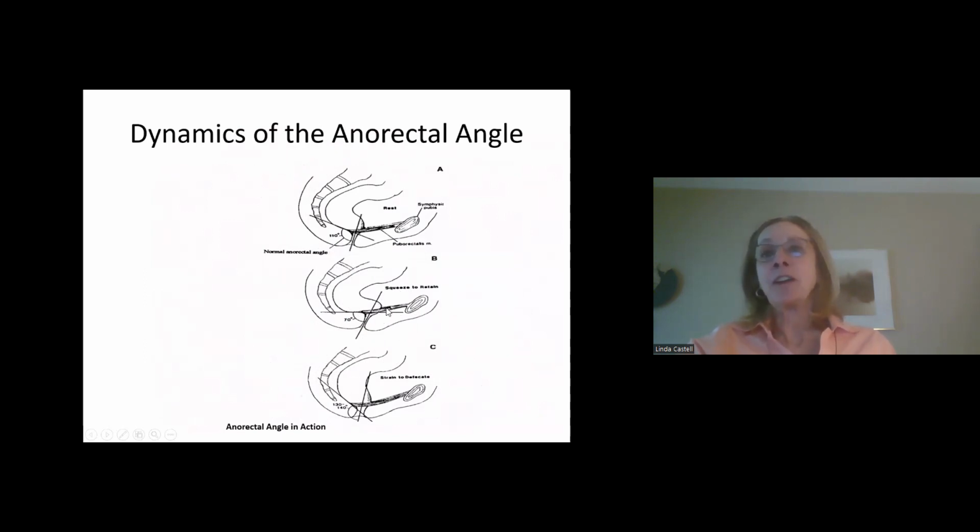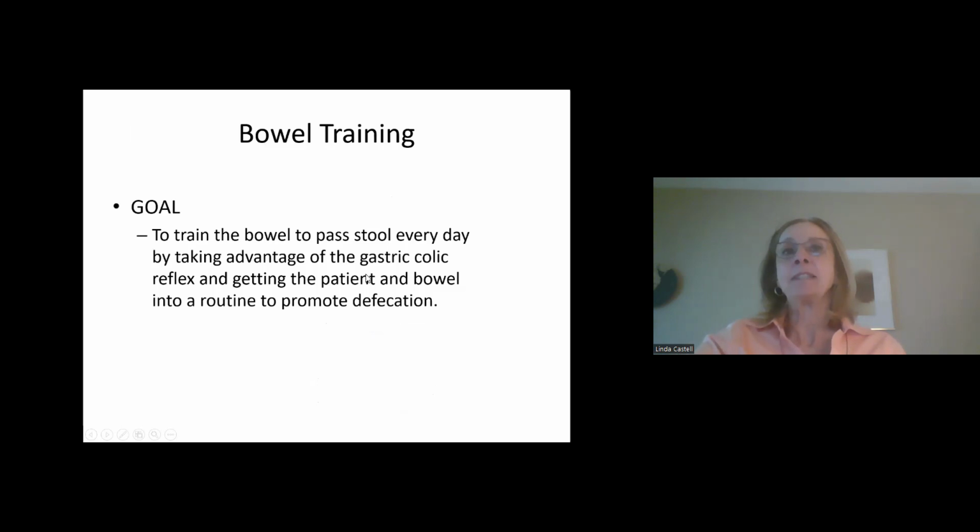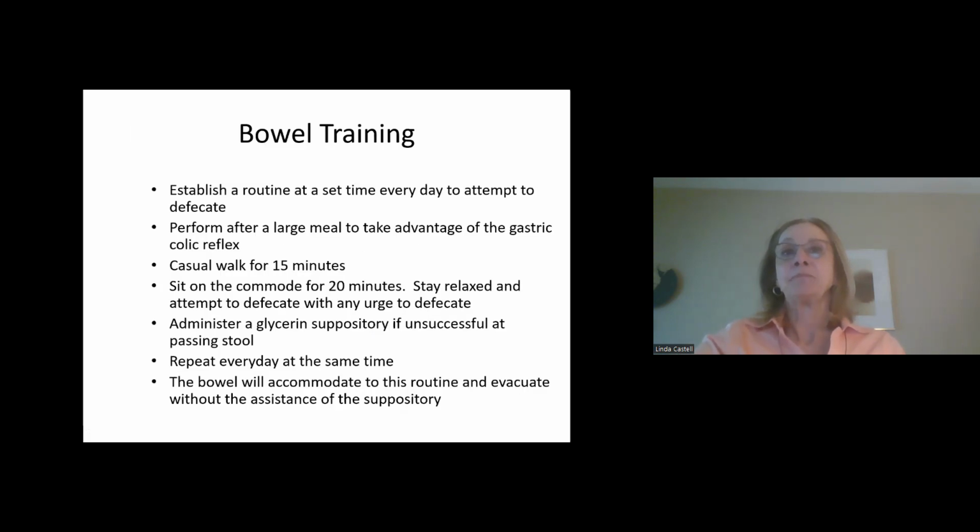When you don't want to go to the bathroom, you squeeze this muscle so the angle becomes more acute, harder for the stool to pass. When you want to have a bowel movement, you should relax this puborectalis muscle so the stool now has a straight shot to come down. So I use these diagrams to help educate them.